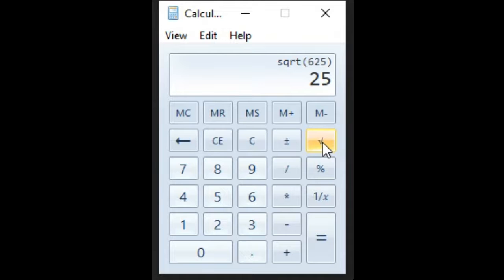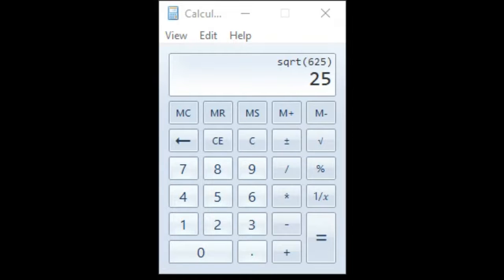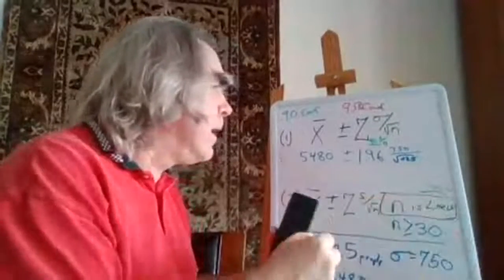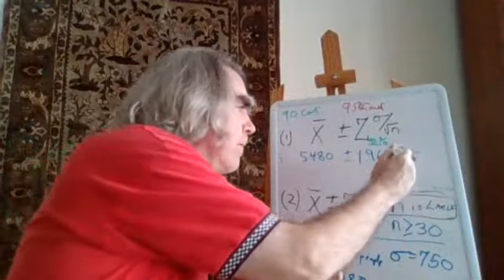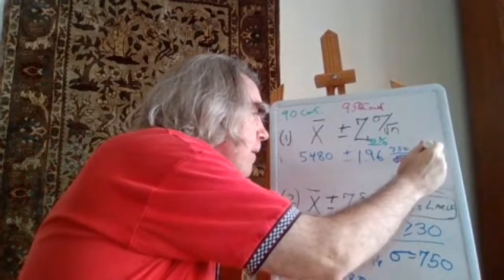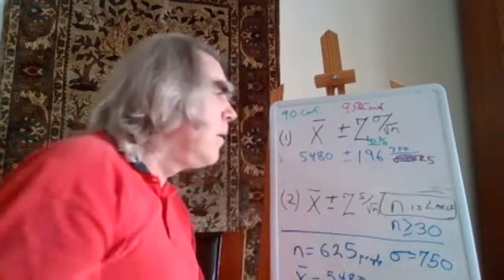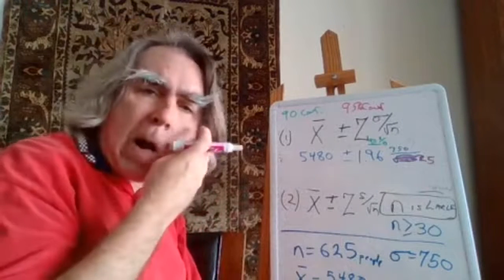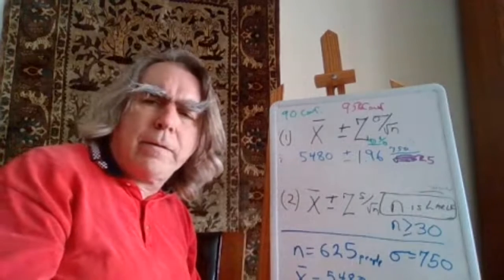Gives me 25. So 25 squared is 625. Square root of 625 is 25. Right? So going back to sharing the camera, plug that in. So we know that the square root of 625 is 25. What is 750 divided by 25? Okay, go back to the calculator.